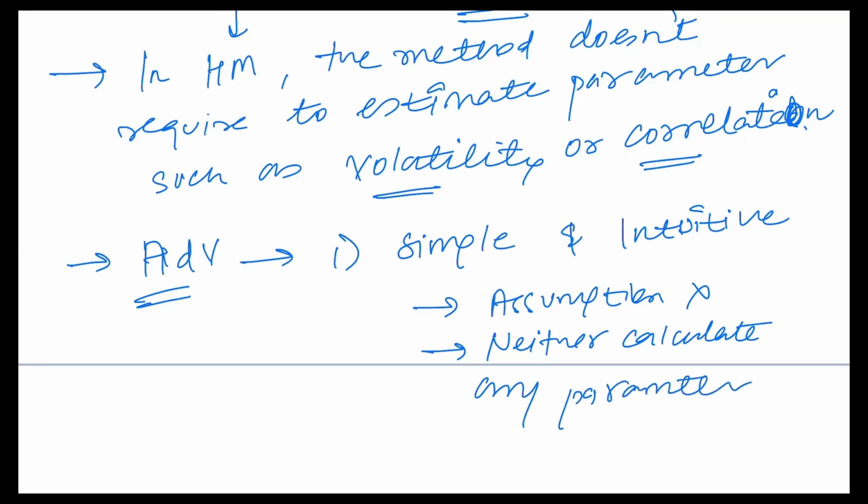For these reasons, it is very simple and intuitive to understand. Also, we are not doing any complex modeling here, since the model is solely based on the historical performance of the stocks in our portfolio. These are certain advantages of using the historical method.